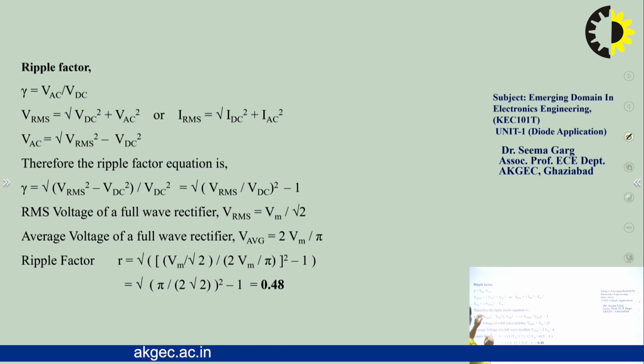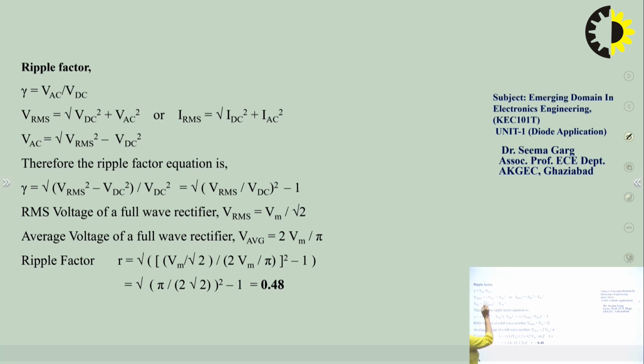Here we can see that VRMS has both components, the DC component as well as the AC component. So VRMS is equal to the square root of DC square plus AC square. From this equation we can find VAC equal to the square root of VRMS square minus VDC square.